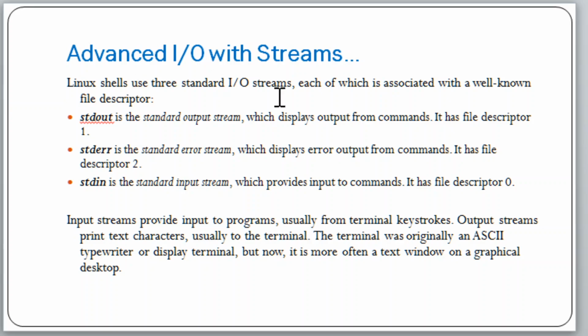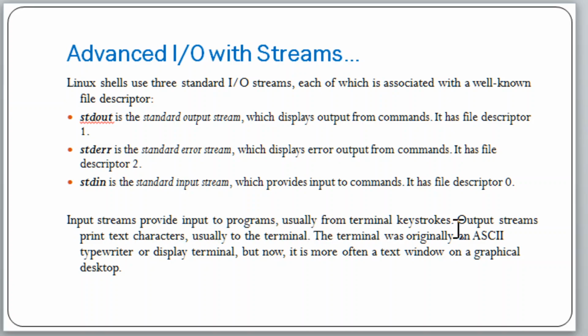Guys, we talked about this in our last session as well, and we saw how to move these and redirect these. Okay, this is important in scripts because it can be used to send things to other scripts or maybe files that are generated by scripts. Okay, so input streams provide input to programs, usually from terminal keystrokes, and output streams print text characters, usually to the terminal.